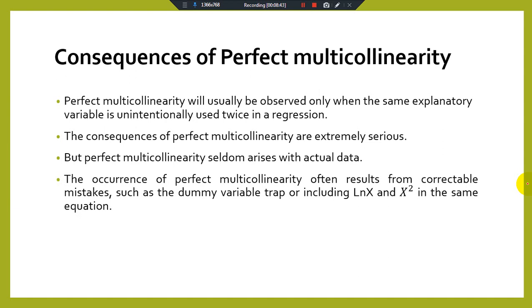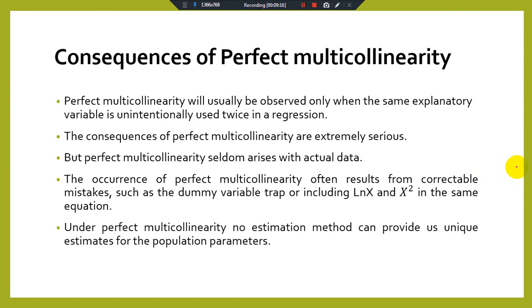It often results from correctable mistakes such as the dummy variable trap, or if we include the log of x and x square in the same equation, we are using the ln model as an independent variable, and x square is also an explanatory variable. This creates perfect multicollinearity in our model.